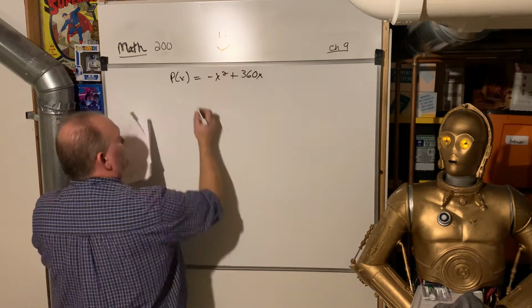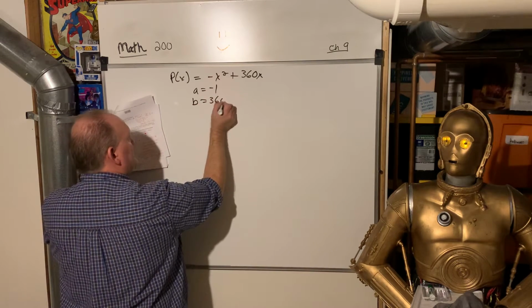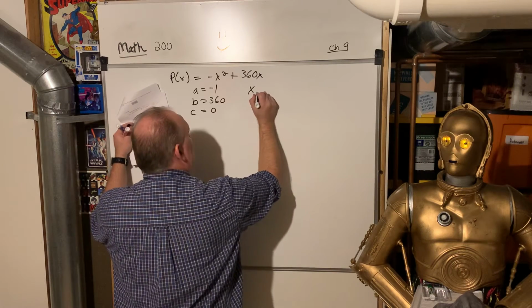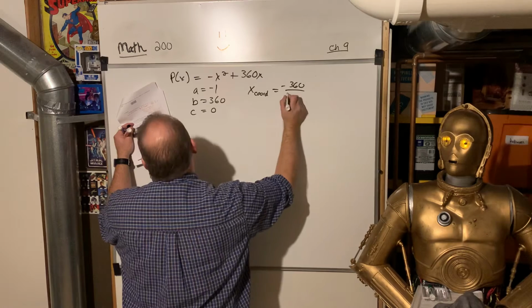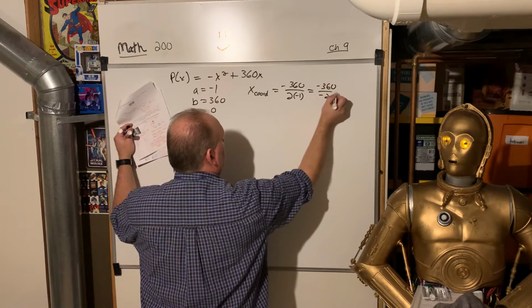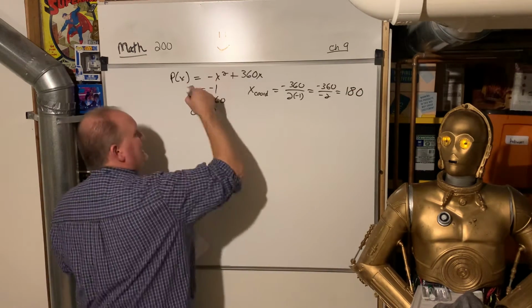And so A is -1, B is 360, C is 0, but again, we didn't really need 0. And so if you find the x coordinate, it is -360 over 2 times -1. That is -360 over -2. That is 180. You then sub 180 back into the original.